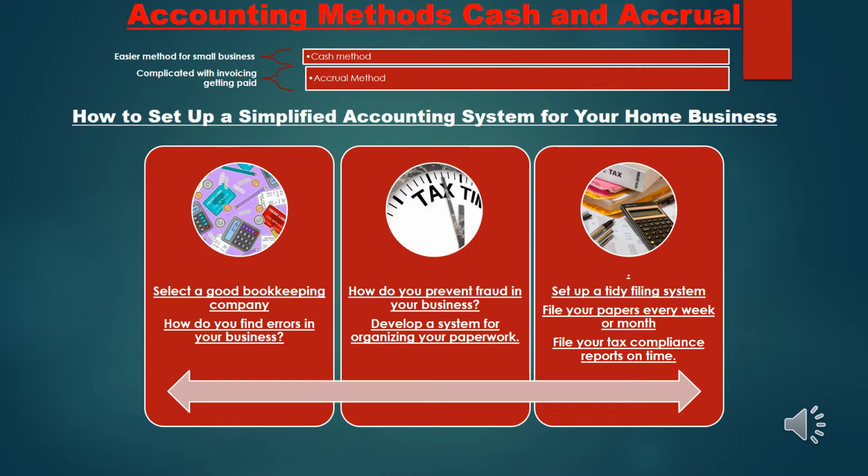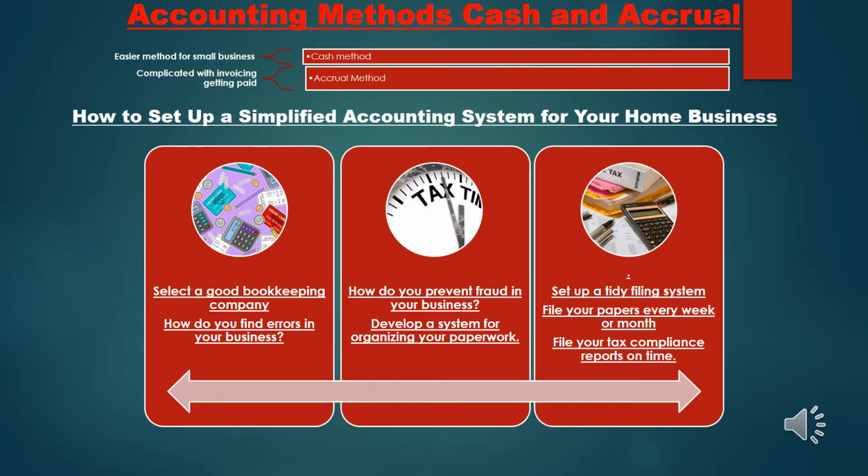Develop a system for organizing your work. I'm sure that every one of us wants to be successful in our business. If that is what you want, a proper accounting system has to be implemented to see your success. That includes the following. Set up a tidy filing system. Keep your freelance writing or blogging invoices separate from your business expenses and tax write-offs.